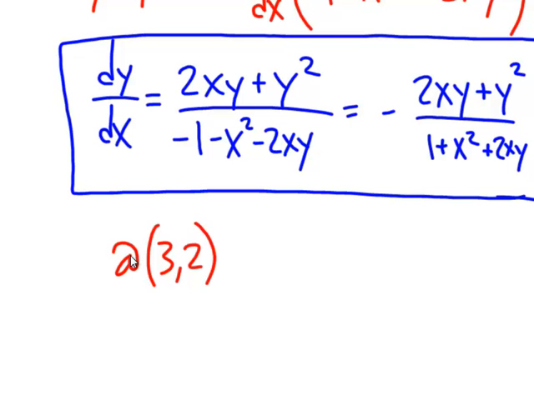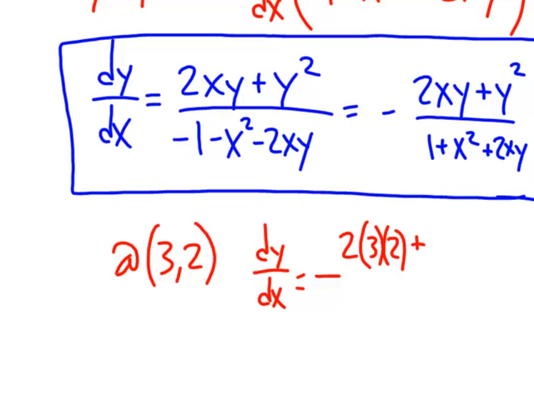And we could certainly plug x equals 3 and y equals 2 into the original function and verify that it fits the curve. At that point, dy over dx would equal -2 times 3 times 2 plus y squared, which is 2 squared, all over 1 plus x squared plus 2 times 3 times 2.